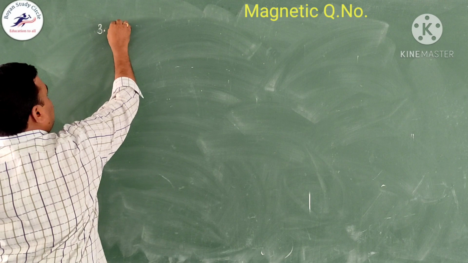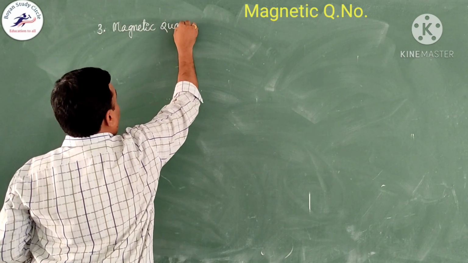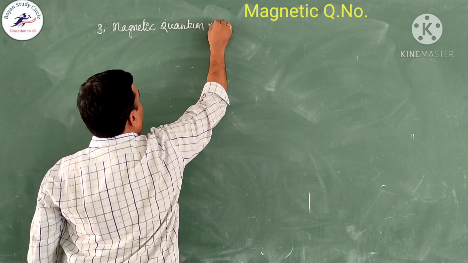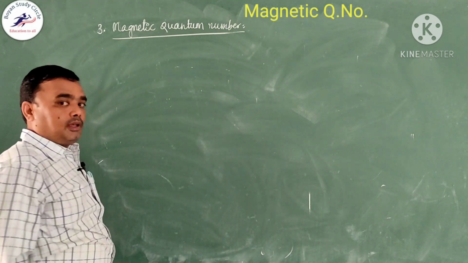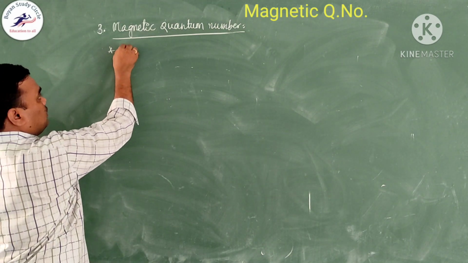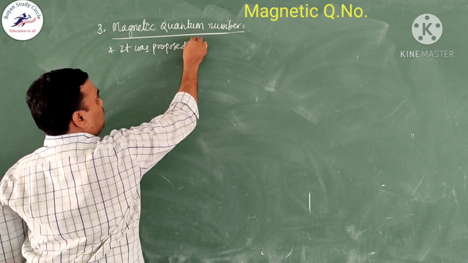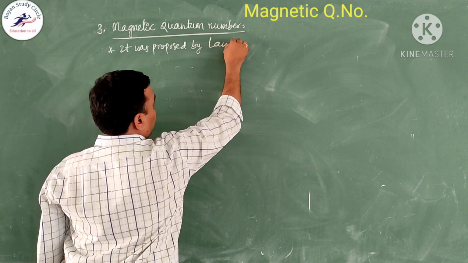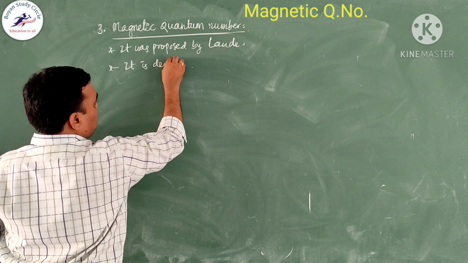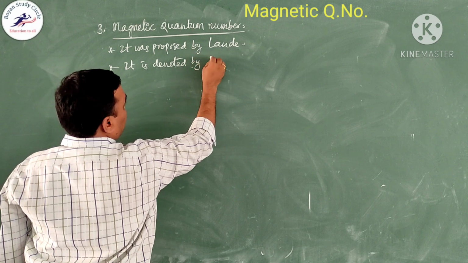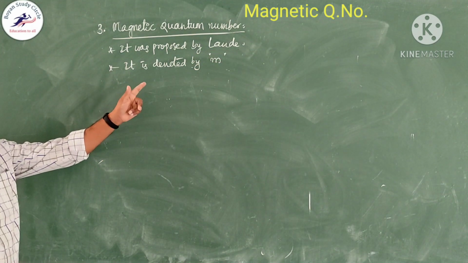Third quantum number, that is magnetic quantum number, right? It was proposed by Lande. It is denoted by M, right?